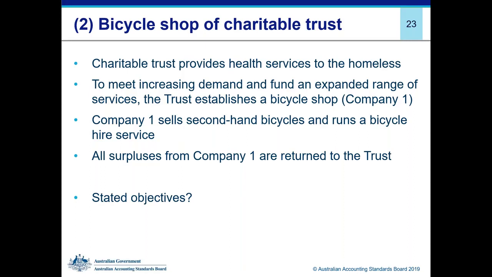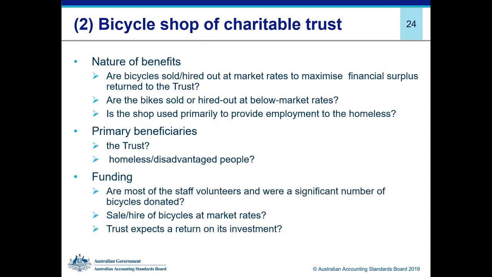So you'd have to assess what are its stated objectives. Are they financial returns for its equity holder, that is the trust? Or are the stated objectives of the company related to providing community or social benefit, in which case you would think that would suggest a not-for-profit entity? Well, in addition, of course, to just the stated objectives, you need to consider the other indicators.